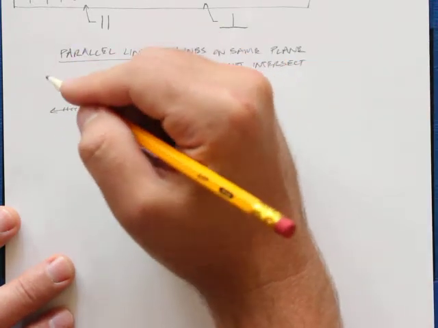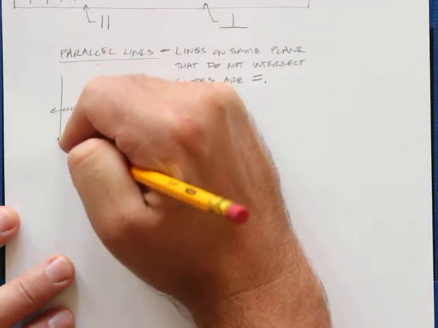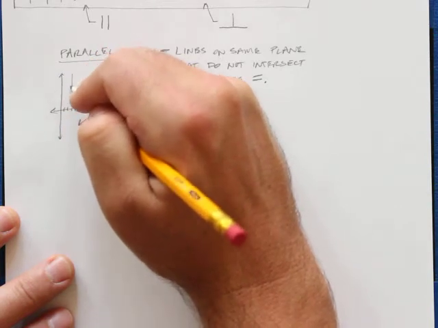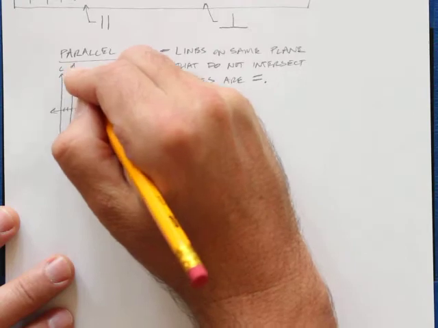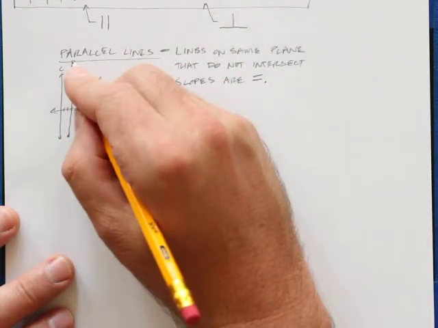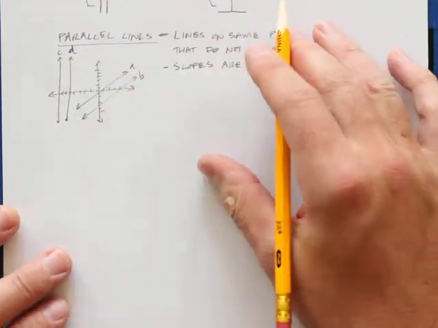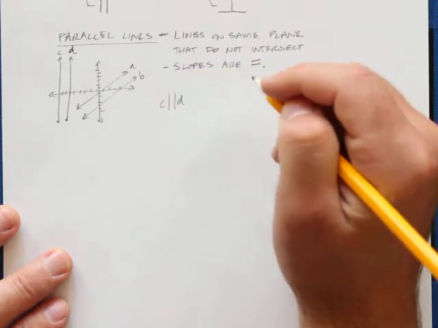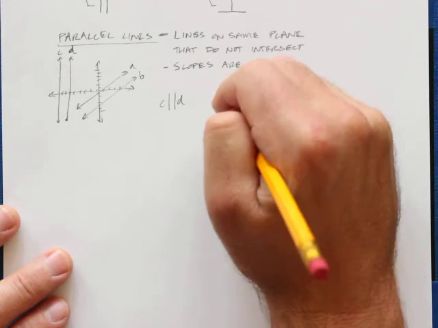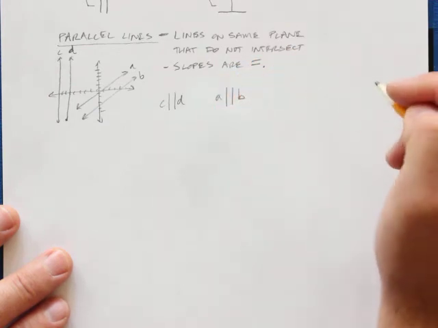And I might have two lines over here going like this, line C and line D over here. And the way that we can note that these are parallel is we can say C is parallel to D and A is parallel to B.